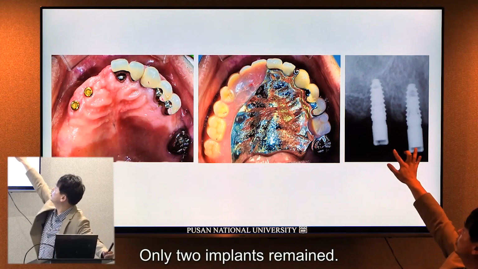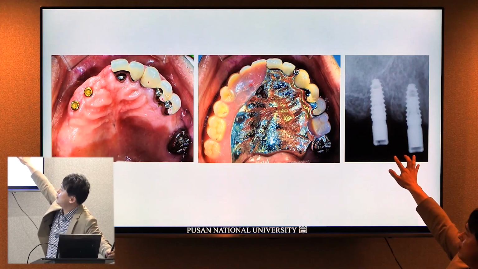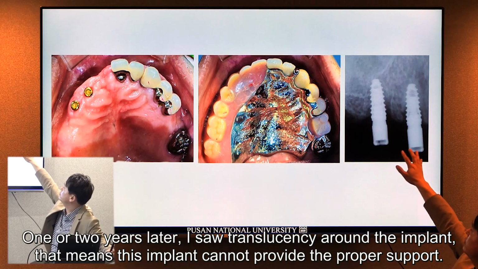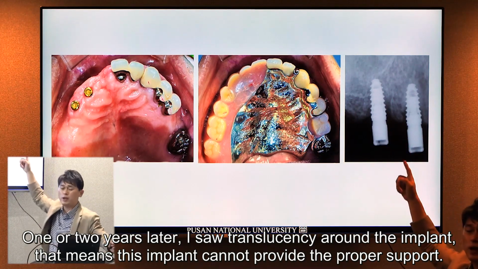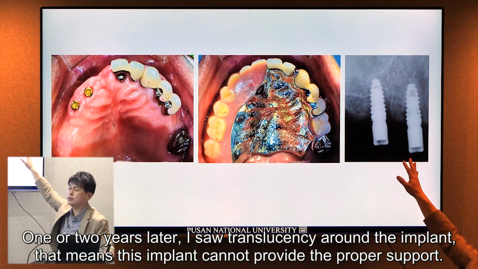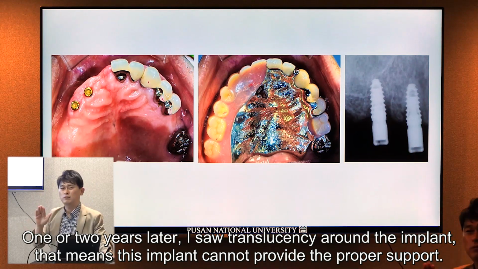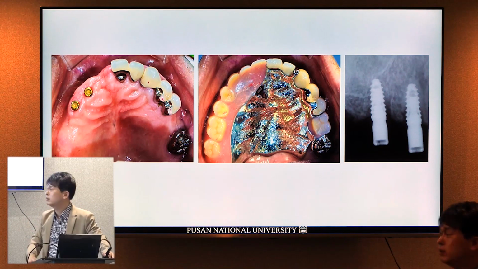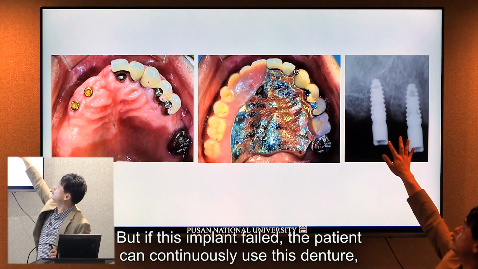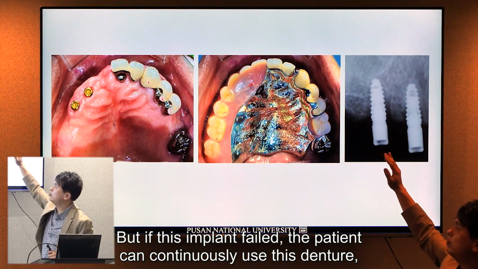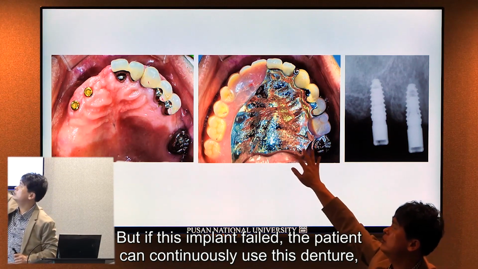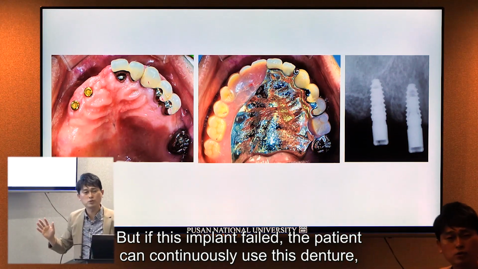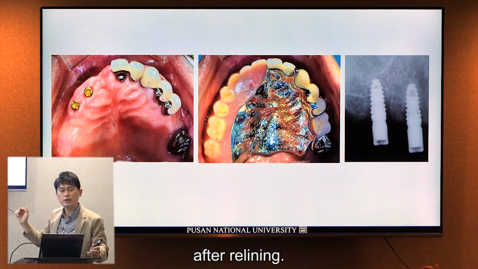Only 2 implants remained, but 1 or 2 years later, I saw a radiolucent area around the implant. That means this implant cannot resist the proper support. But if this implant failed, the patient can continue to use this denture after relining.